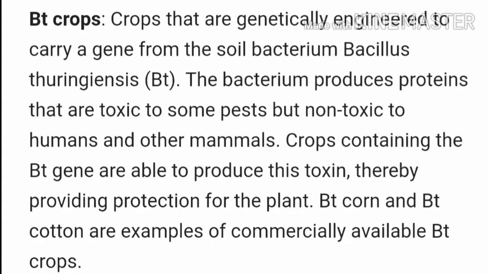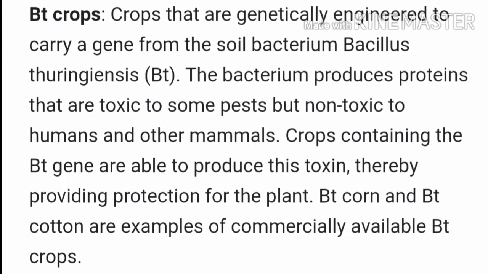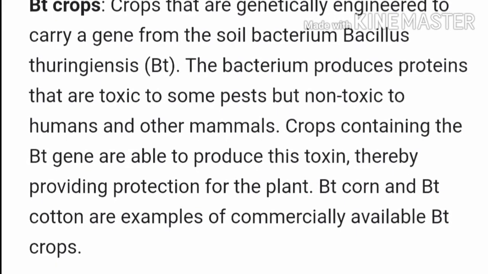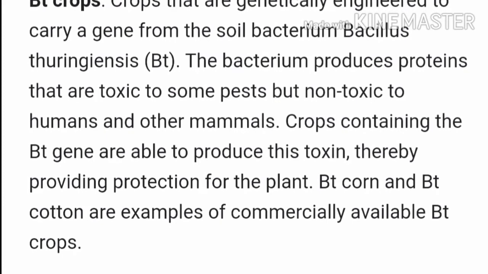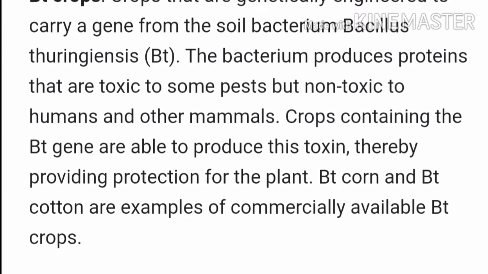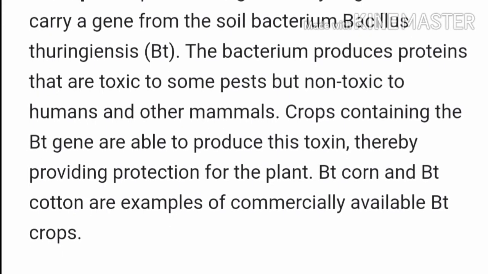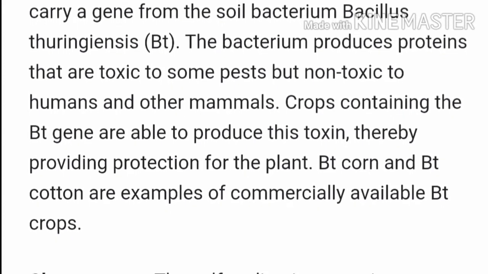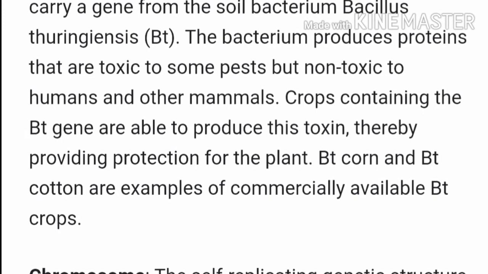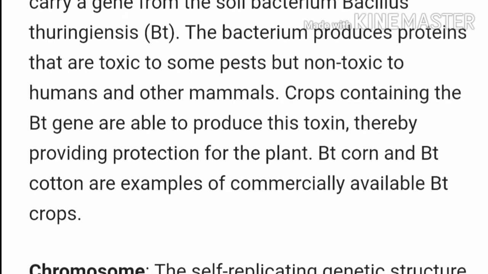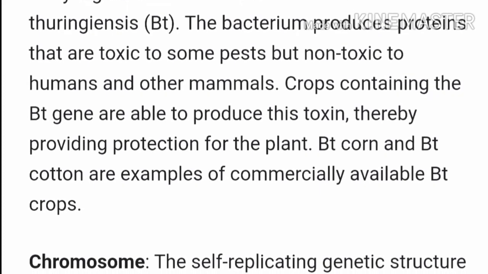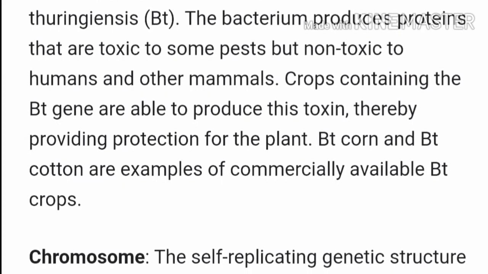Now next, Bt crops. Crops that are generally engineered to carry a gene from the soil bacterium, that is Bacillus thuringiensis. The bacterium produces proteins that are toxic to some pests but non-toxic to humans and other mammals.